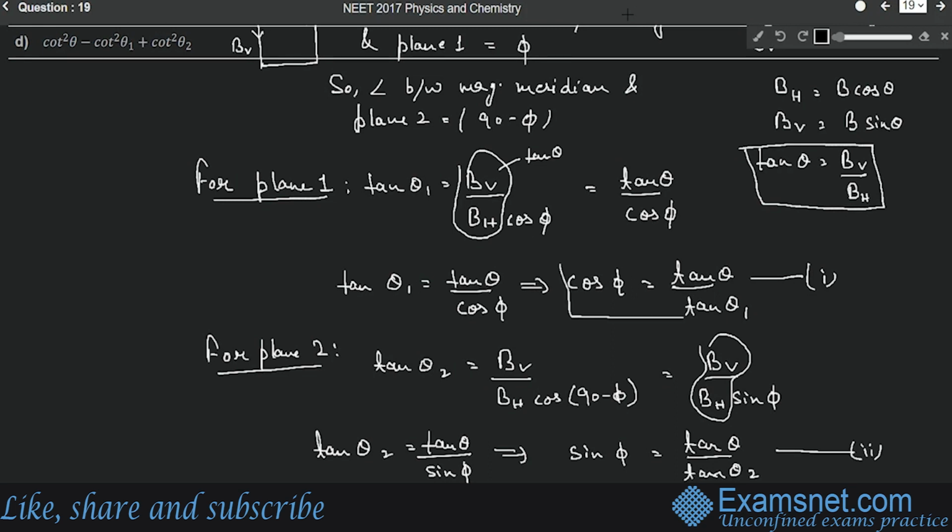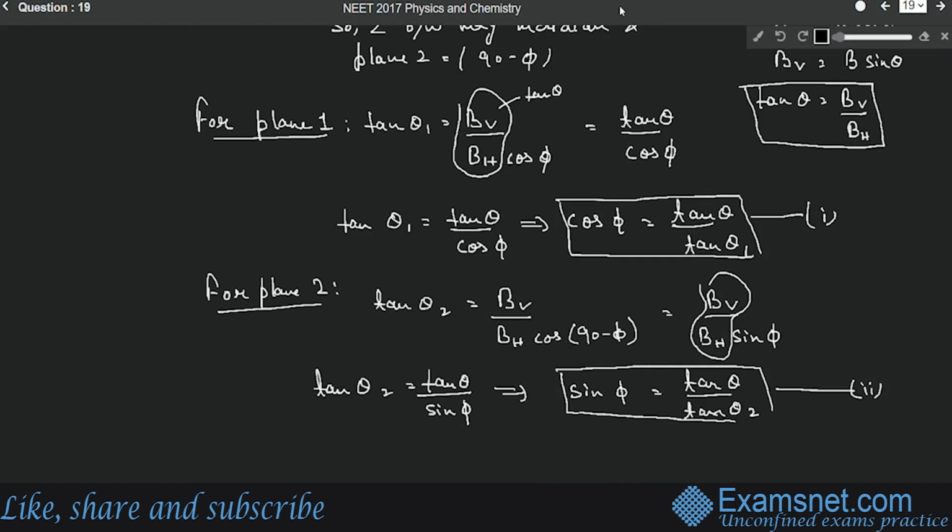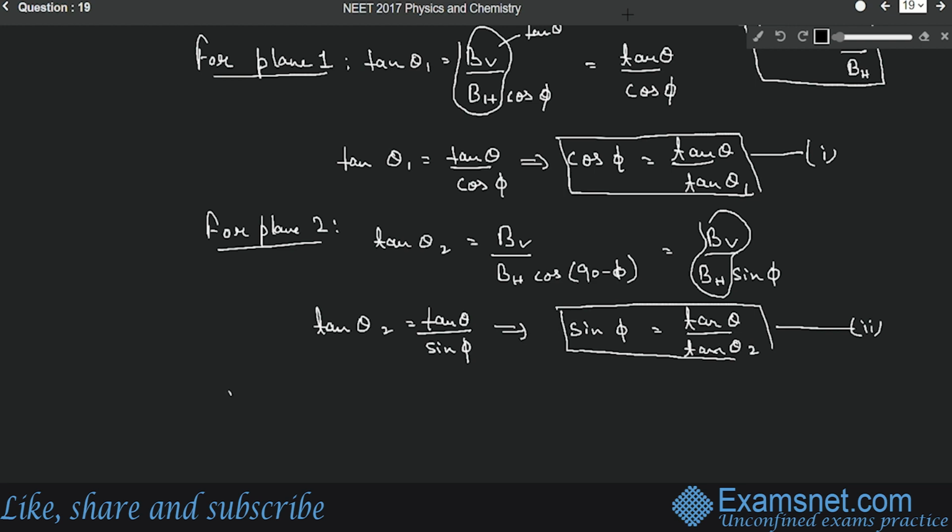Let me highlight these. We have got the values of cos phi and sin phi. Now we have to simplify this. We know that sin square phi plus cos square phi is equal to 1.